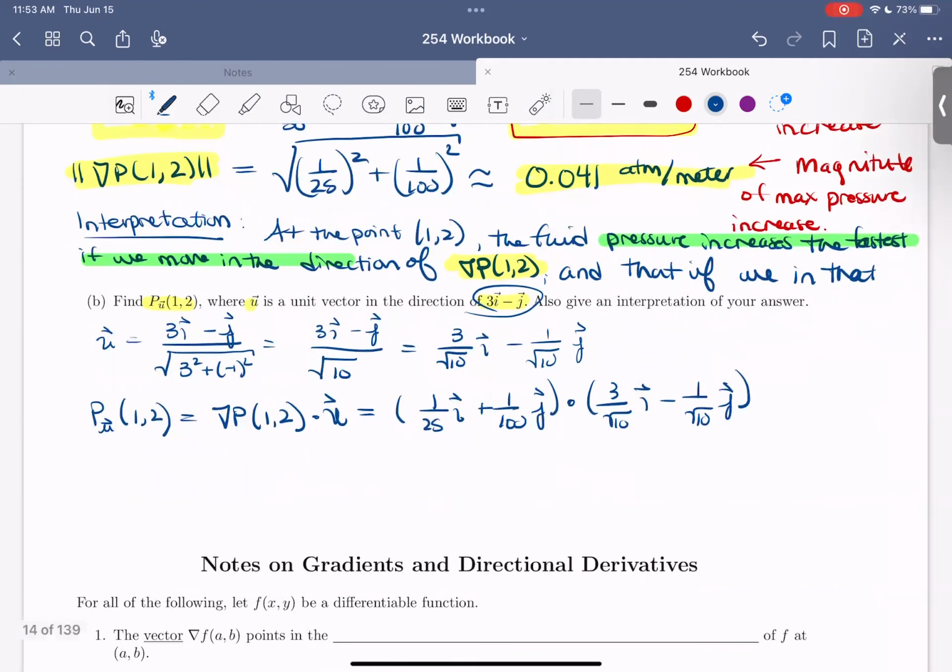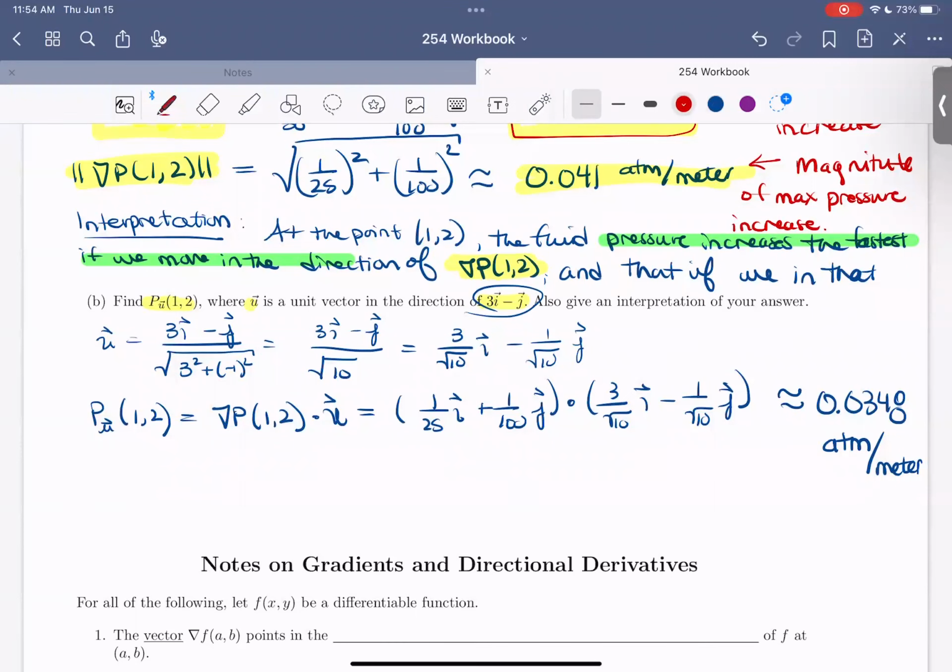Not too bad. Now we just multiply components and add together. I'm going to speed ahead here, but please pause the video to compute this on your own. You should get something close to 0.0348. As far as units, the directional derivative would be in atmospheres per meter.